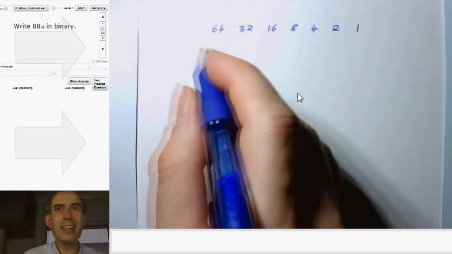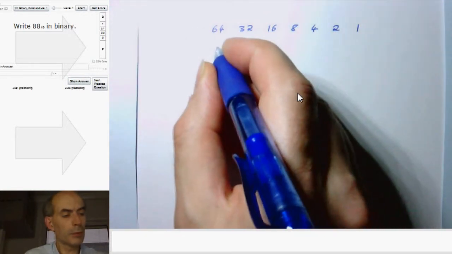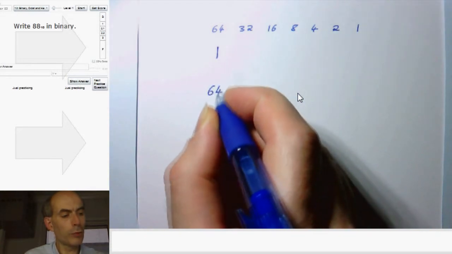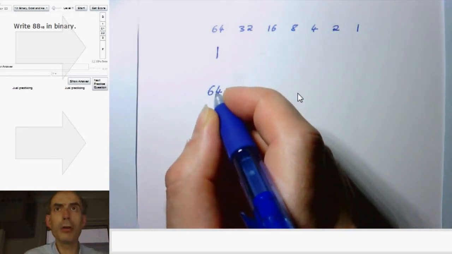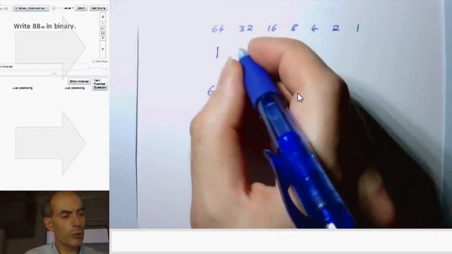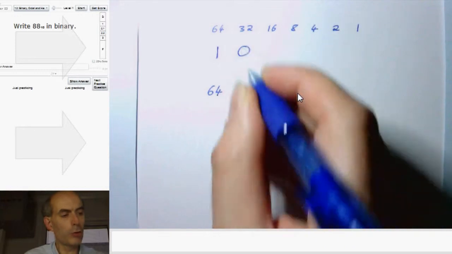We're going to need a 64 to get 88, and that would give me a total of 64 so far, and that leaves me another 24 to find. 24 is less than 32, so we can't have a 32.